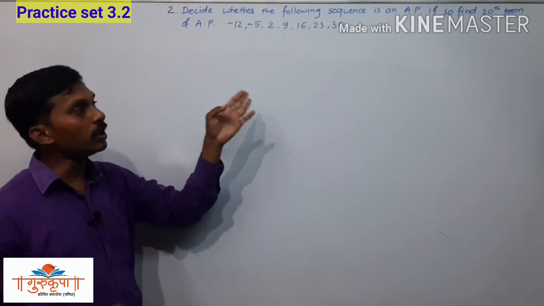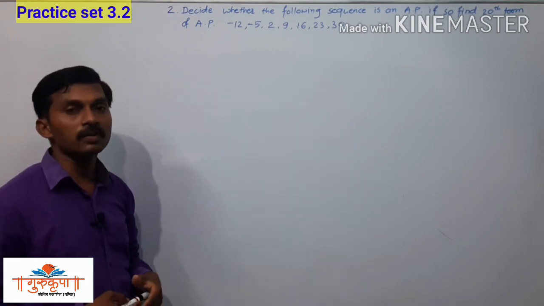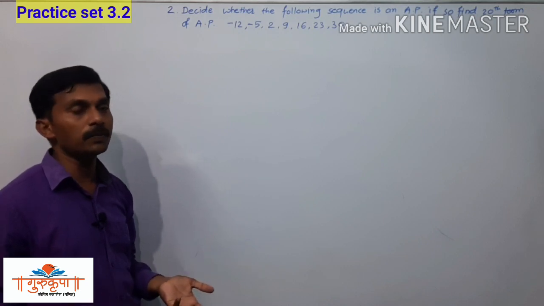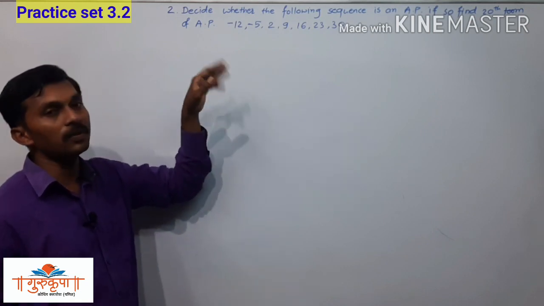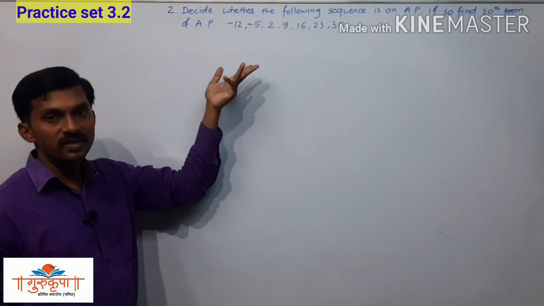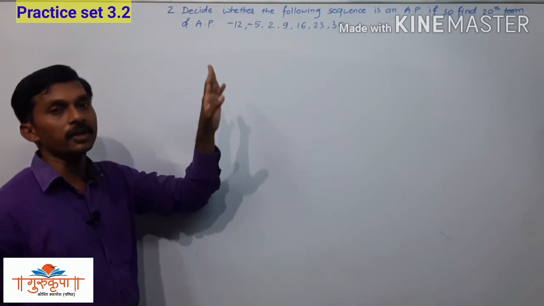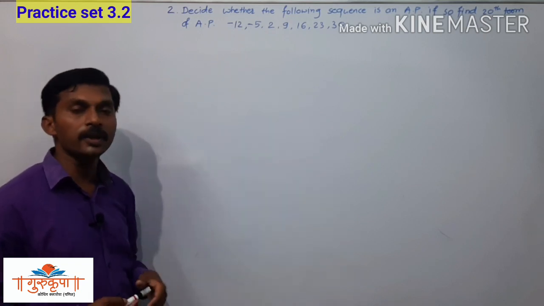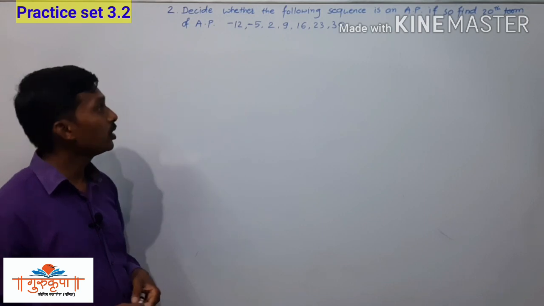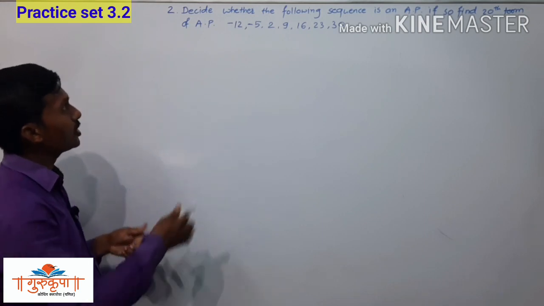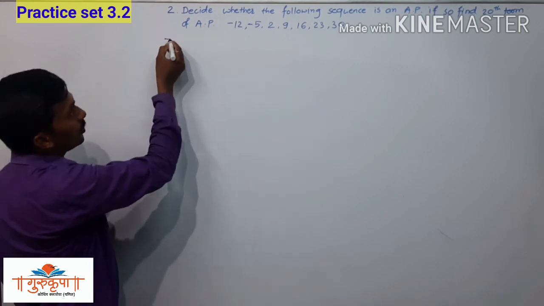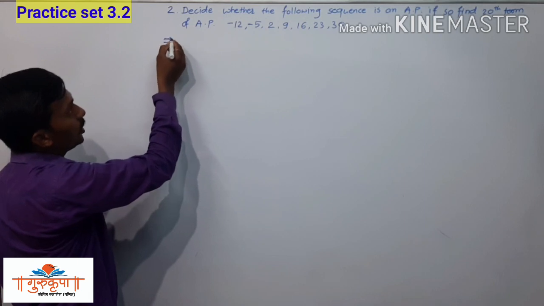Otherwise, no need to find the 20th term, and we cannot find it either. If we try to find the 20th term when it is not an AP, then we will not get it, since the common difference will be different. So, here we will solve this second example from practice set 3.2.